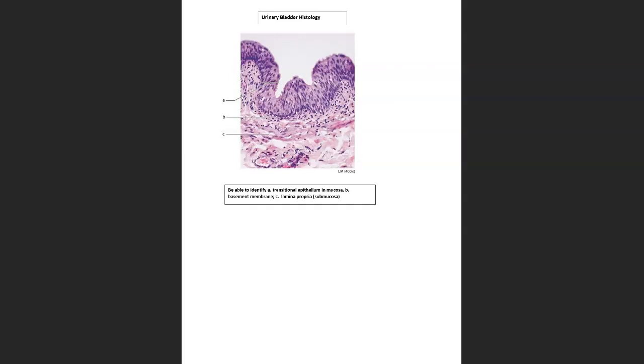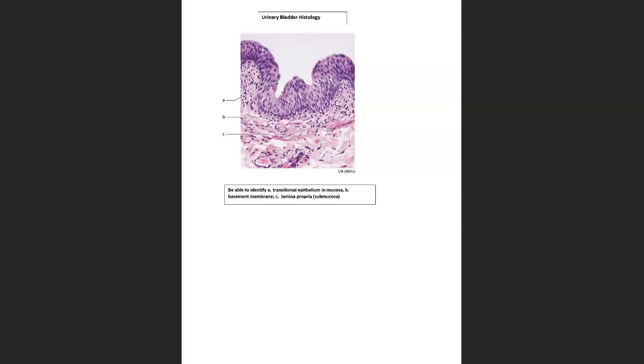And the transitional epithelium has a unique ability to expand and contract, change shape, depending on the distension or contraction of the urinary bladder. That's why you have transitional epithelium in the urinary bladder and the ureters and even partly in the urethra. That's because the bladder is an organ that constantly assumes different shapes because of the filling, the distension of the bladder, and the contraction of the bladder.